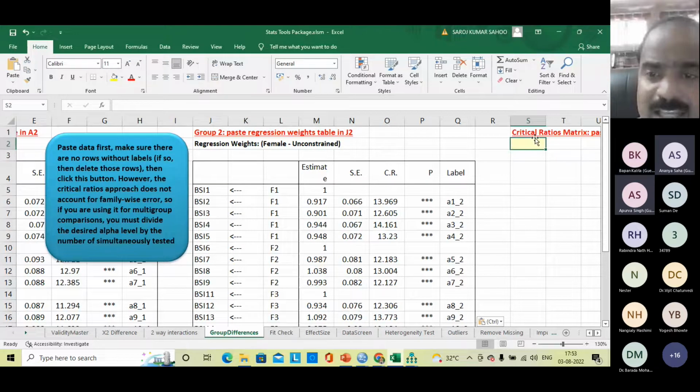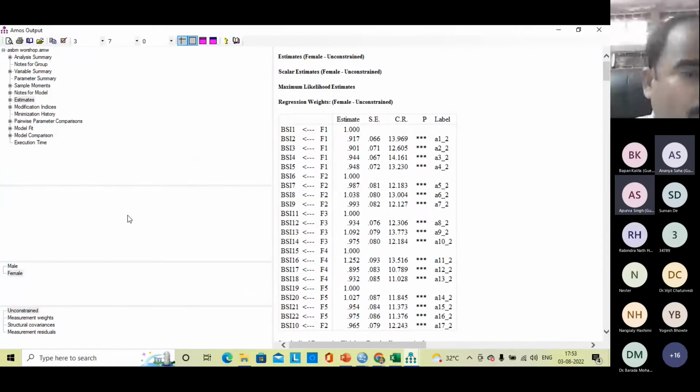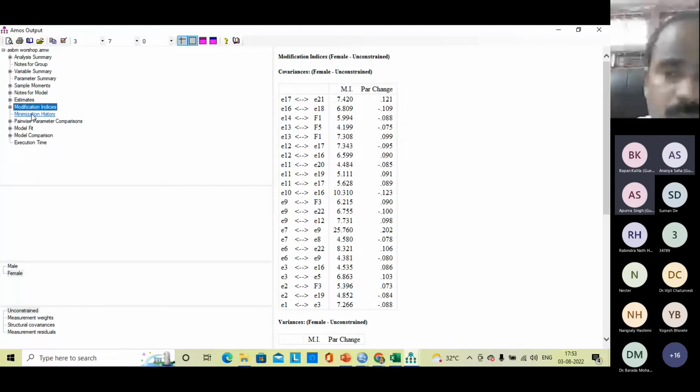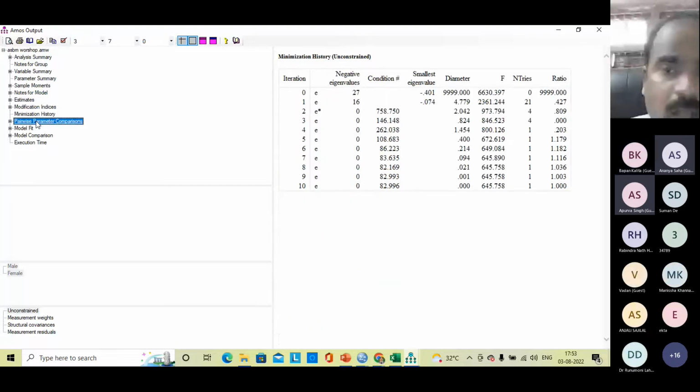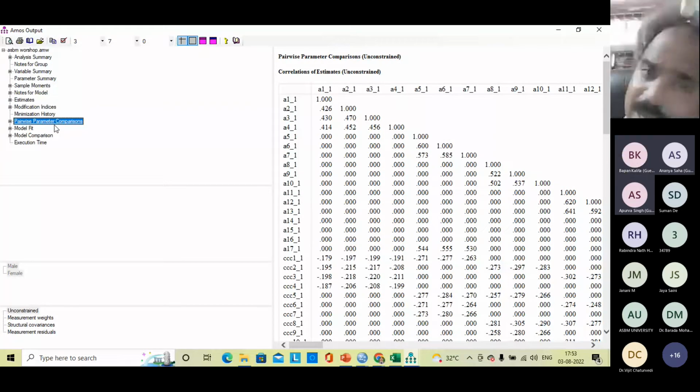Look at here, another thing is there, that is the critical ratio. Go to the output, click on the pairwise parameter comparison.